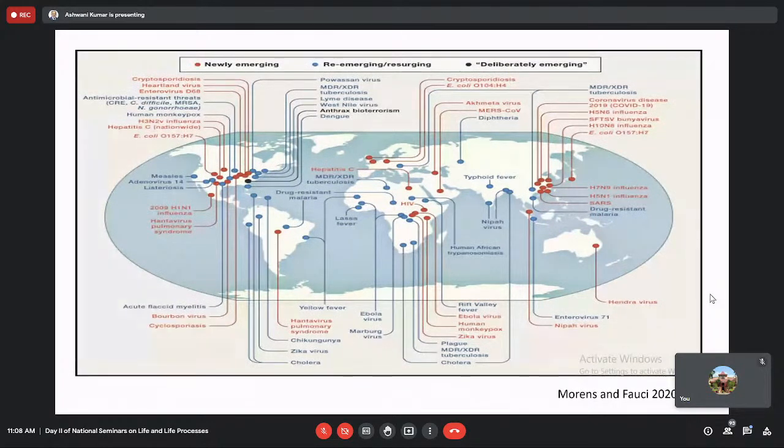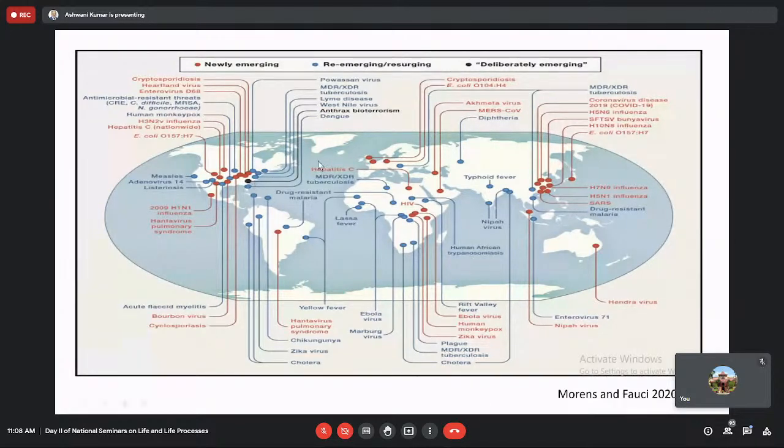This slide summarizes the 3 kinds of emerging threats. One, the red dots, which are newly emerging infections, and the blue, which are re-emerging and resurging infections. And there is one black dot in the US, in New York, which was deliberately introduced anthrax, an act of bioterrorism.